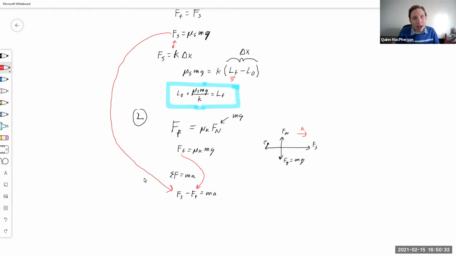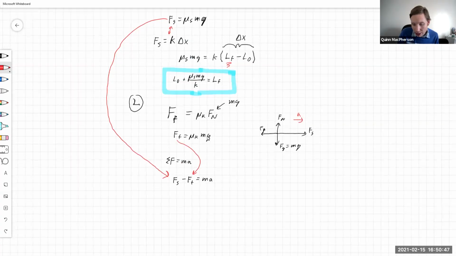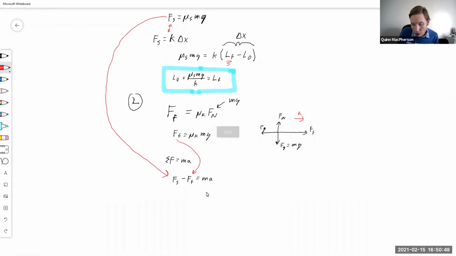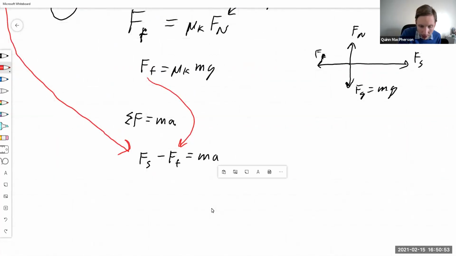Just after the box starts moving, the spring hasn't shrunk any, so its spring force will still be the same. So we can put in the spring force there, which happens to be mu S mg. We can stick in mu K mg for force friction, so we get mu S mg minus mu K mg is equal to ma.